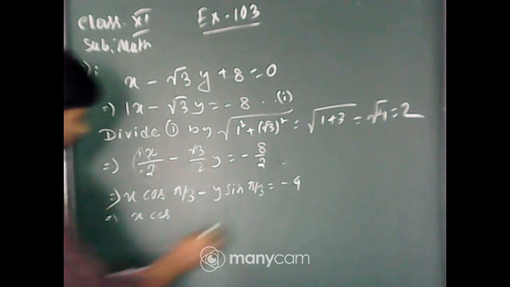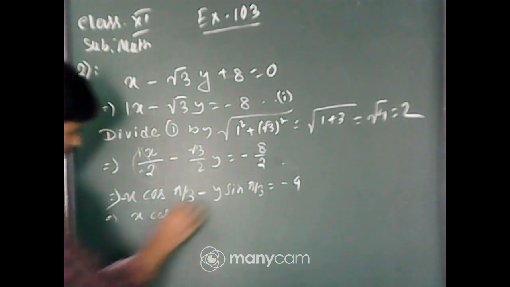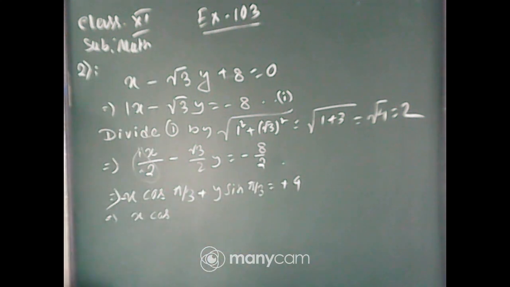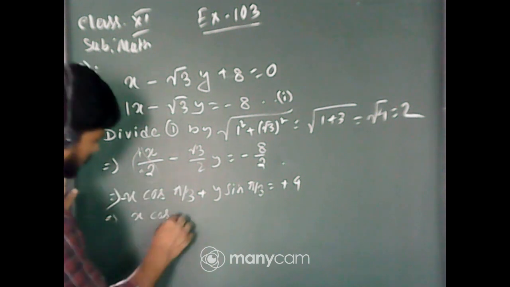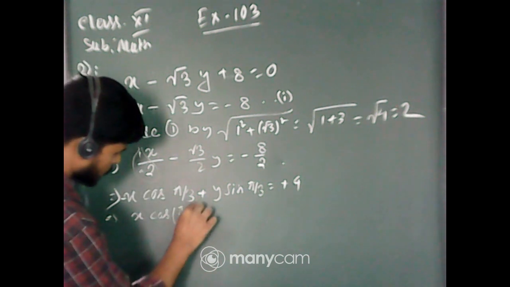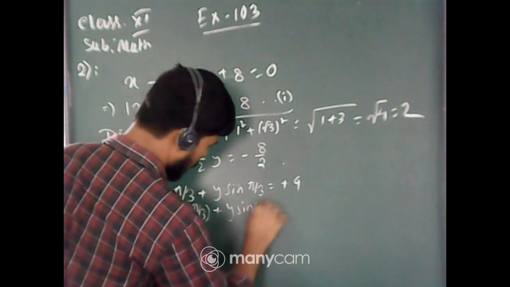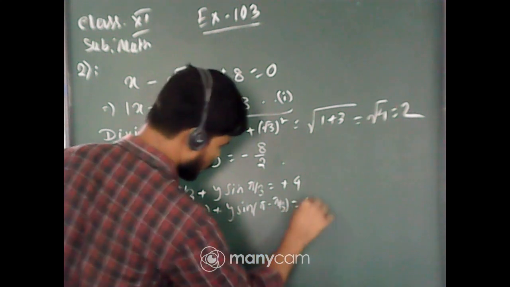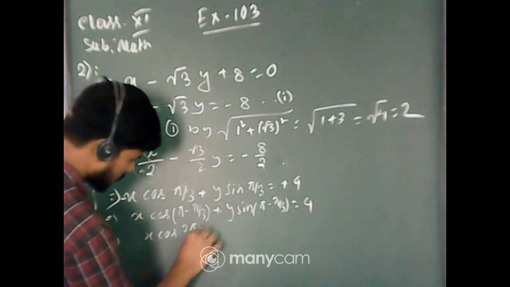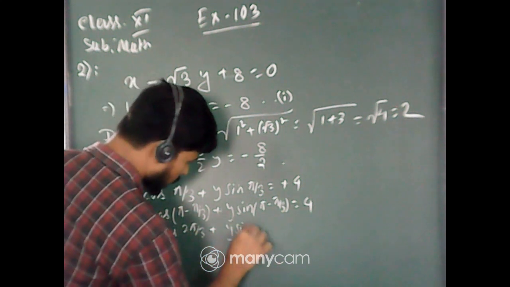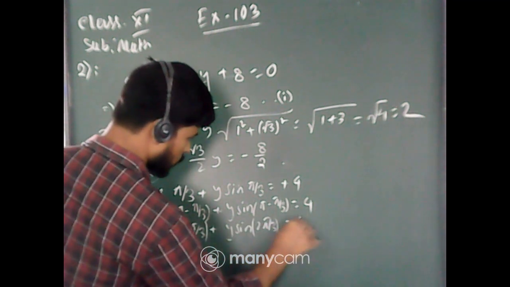Now look, you can do one thing. This is a minus term, so multiply the equation by minus 1. We have this is minus, this is plus, and this is plus. Okay. Now minus of cos pi by 3 can be written in the form cos pi minus pi by 3 plus y sine pi minus pi by 3 is equal to 4, which implies x cos 2 pi by 3 plus y sine 2 pi by 3 is equal to 4.